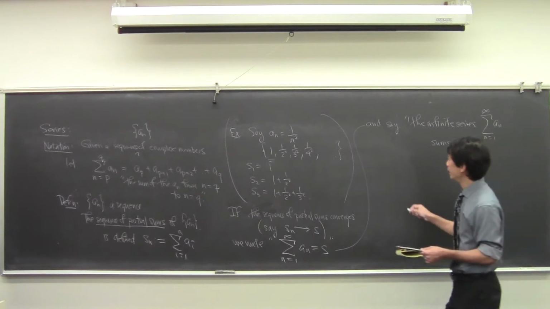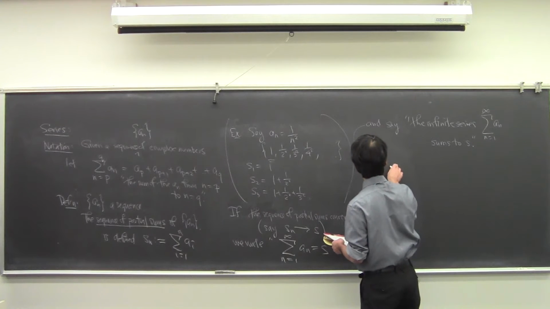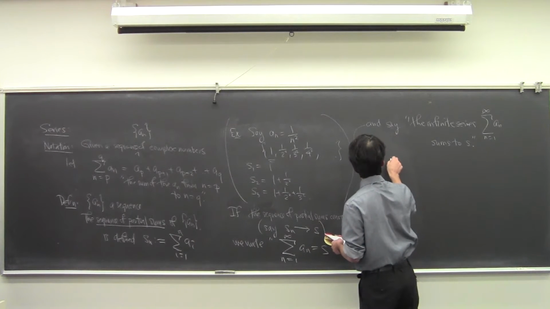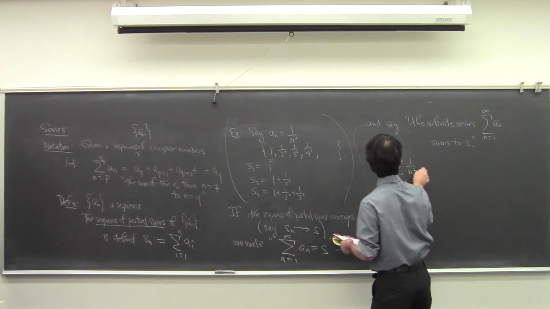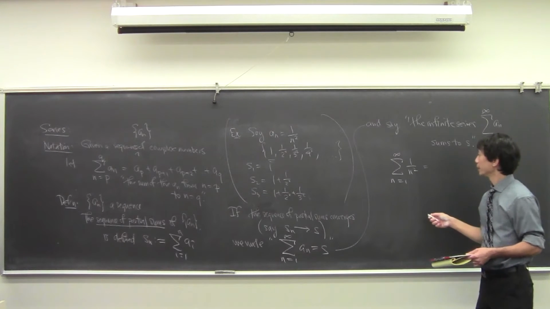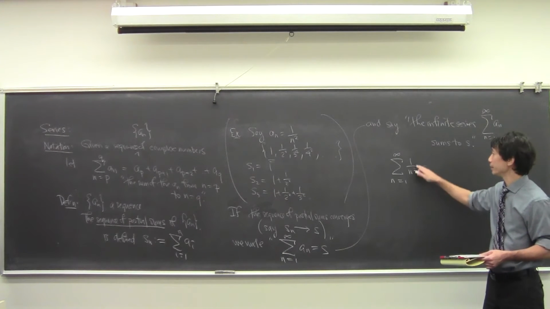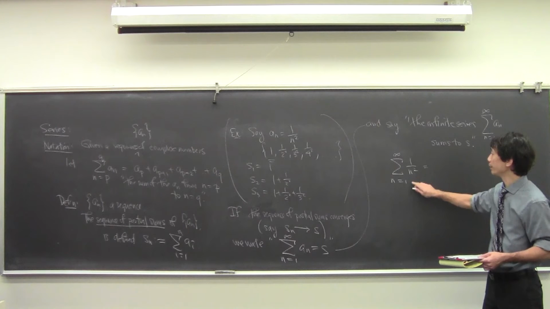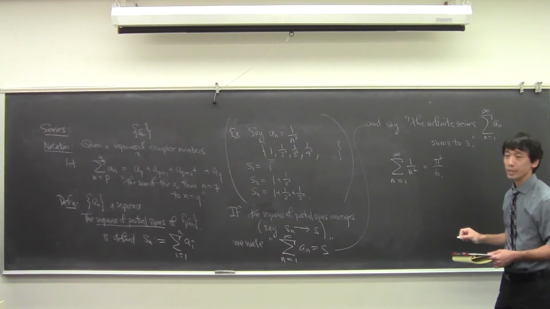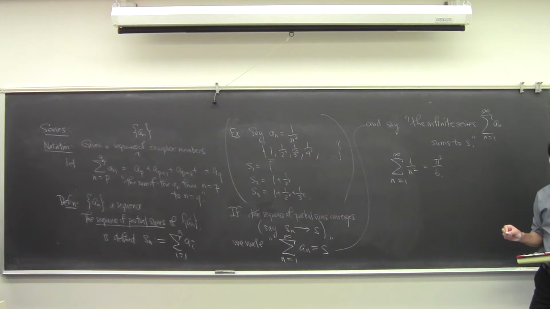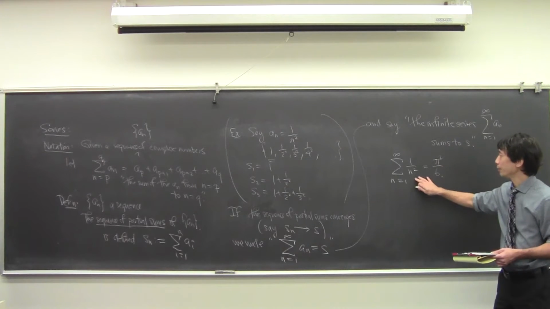So the point is that if I say something like the sum of 1 over n squared from n equals 1 to infinity is pi squared over 6, what does that mean?